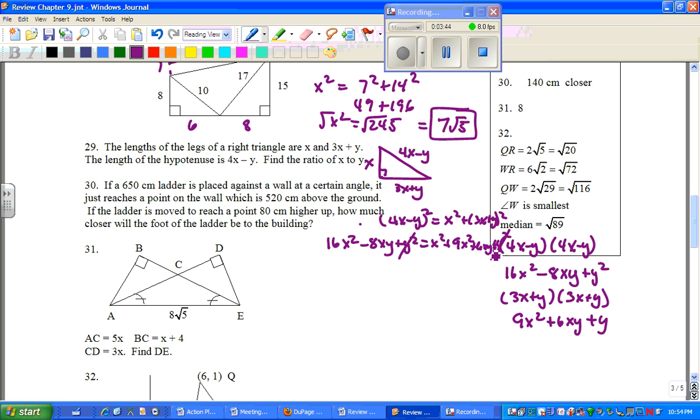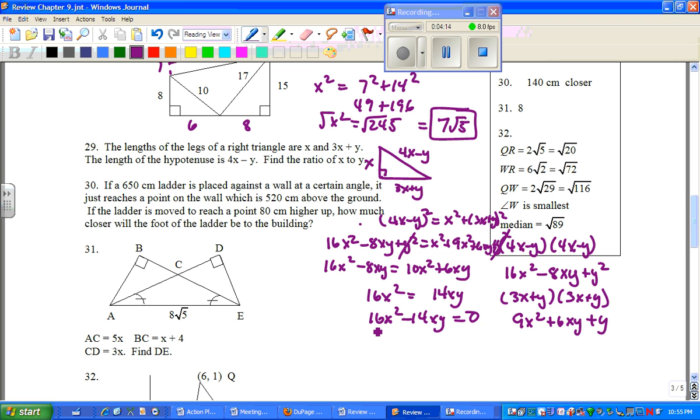The y squareds cancel each other out. This is 16x squared minus 8xy, and this side is 10x squared plus 6xy. I'm going to add this over so I get 14xy, and over here I'm going to minus over so I get 16x squared. Well, I'm going to minus it over so I get this piece right here equal to 0.